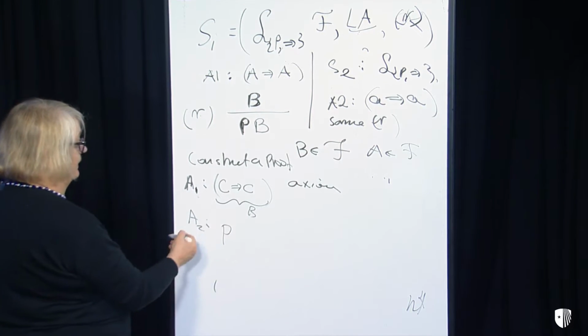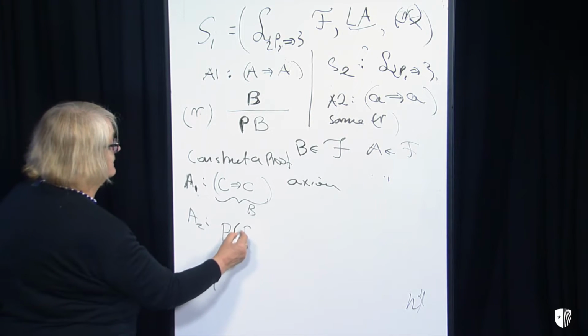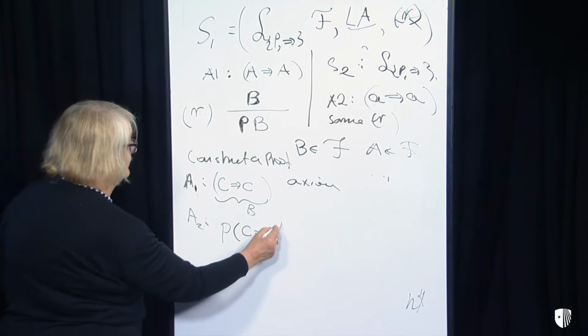So my second step in a formal proof would be P, C implies C.